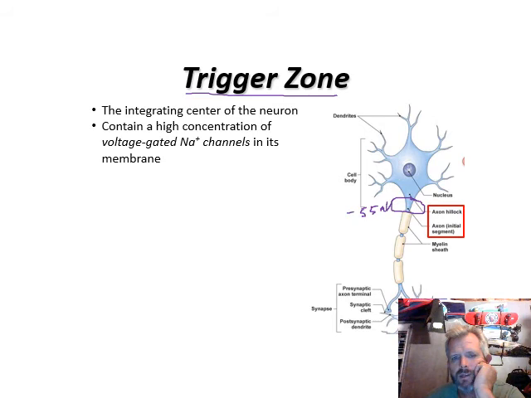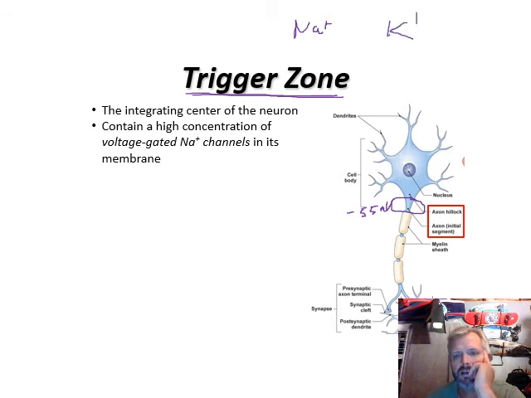Why do we need to reach that here at the trigger zone? Well, the key is that the change in membrane potential to make our action potential take place is going to be triggered by channels for sodium and channels for potassium.